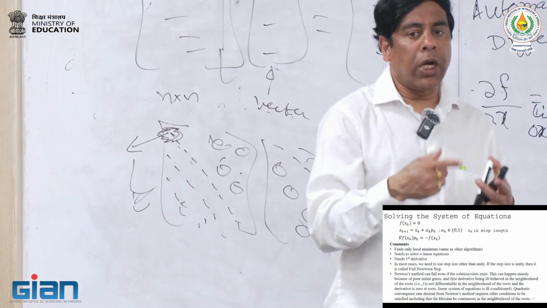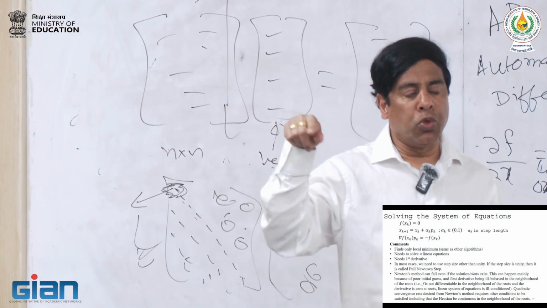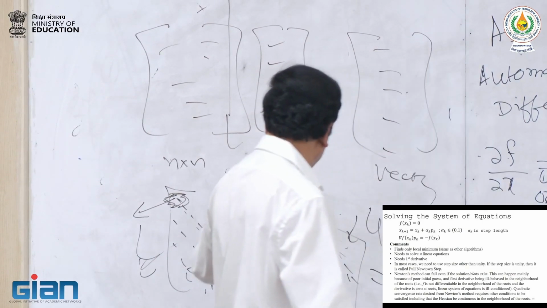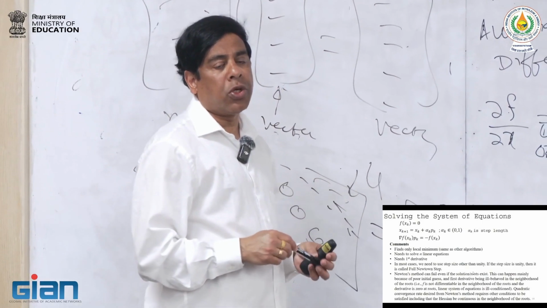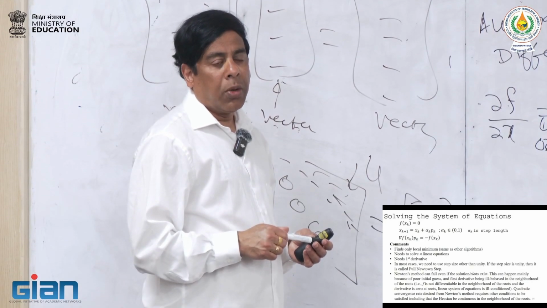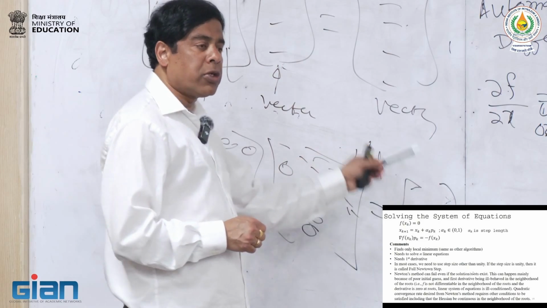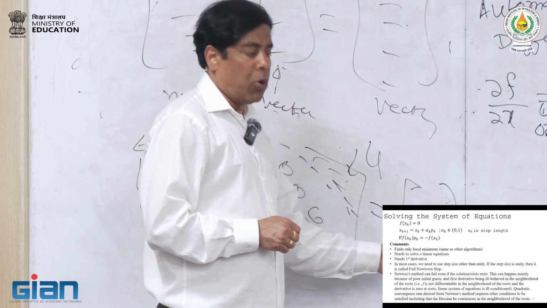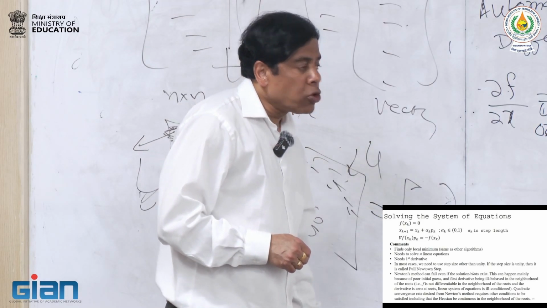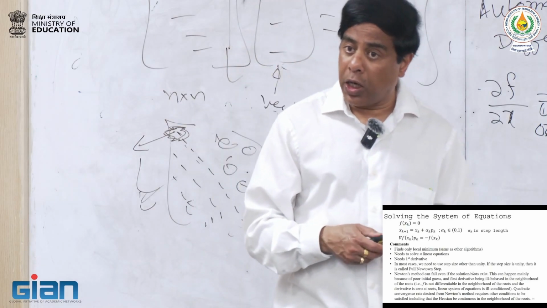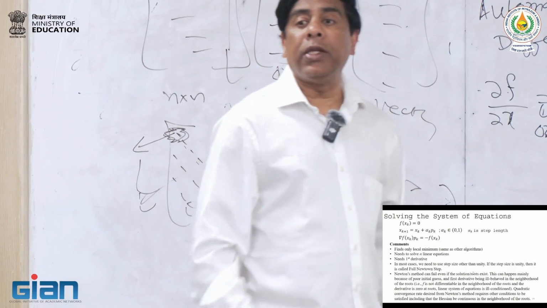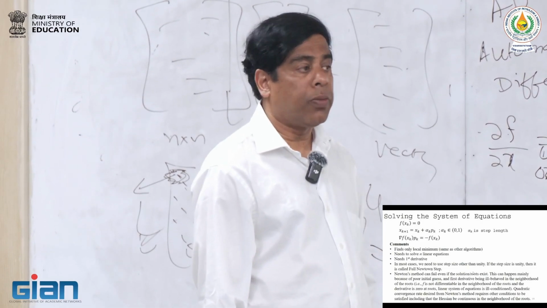When you try to get L11, L12, L21, L22, all of these things, and you are on the diagonal and it becomes 0, then you are in trouble, because you cannot determine it. Everything becomes 0, so there is no way I can determine anything about it. So that's the trouble that the solver is running into, and that is why it basically says I cannot do anything about it.